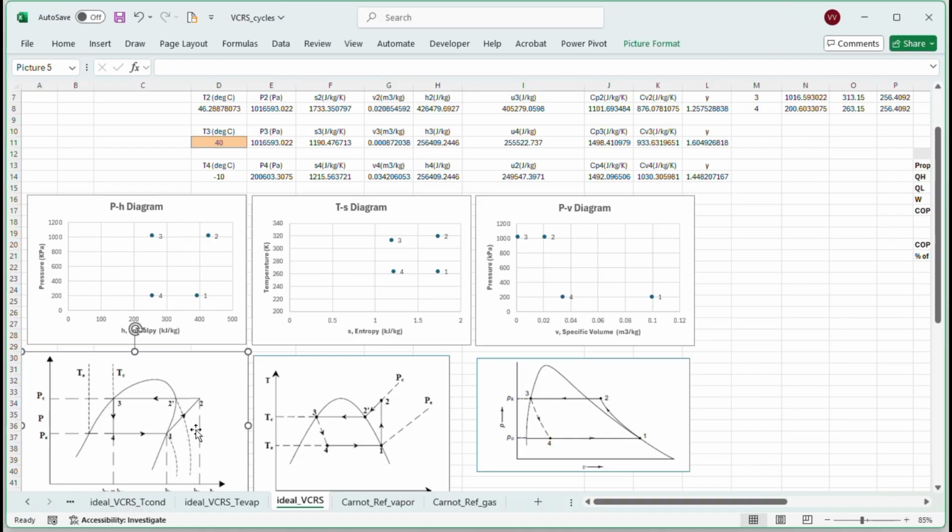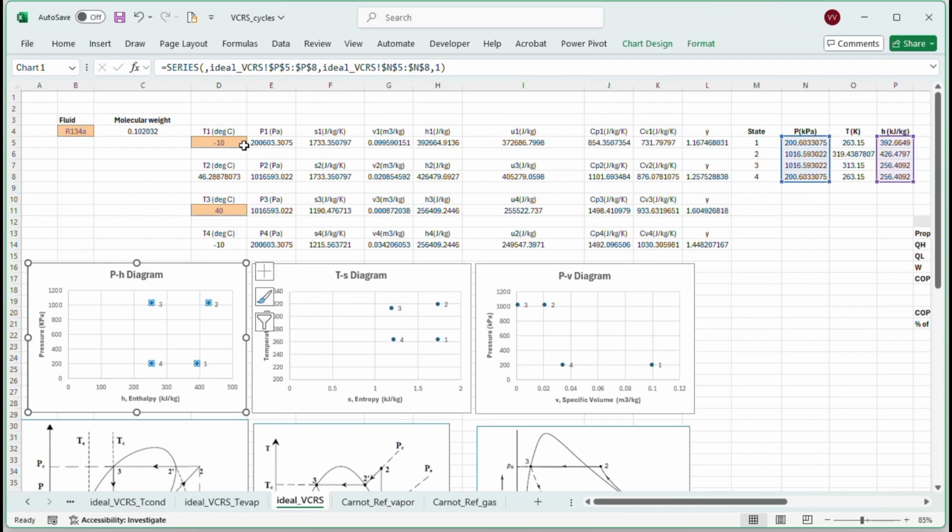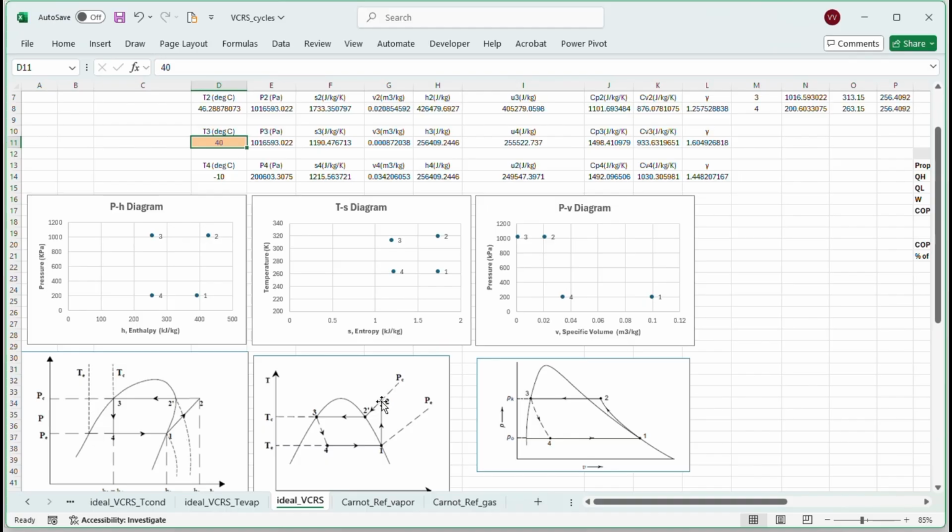So you can refer to this diagram when you're looking here, okay? The only input that you need is the lower and the higher temperatures, the evaporator and the condenser temperatures, T1 and T3. You can see that T2 is usually warmer than T3 because T2 is here, T3 is here.